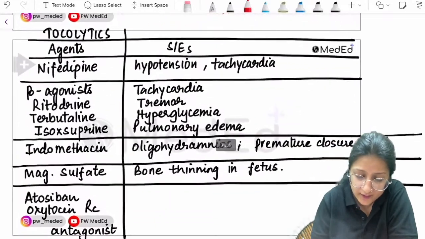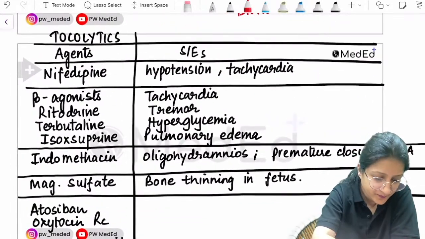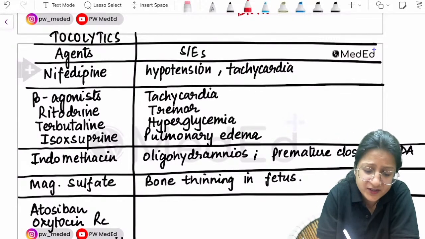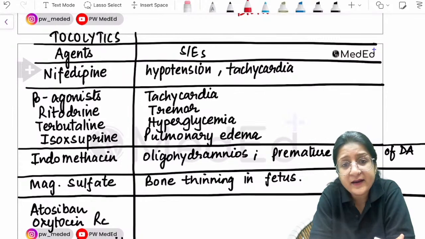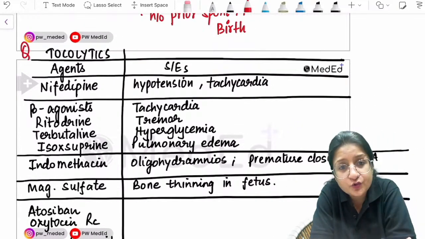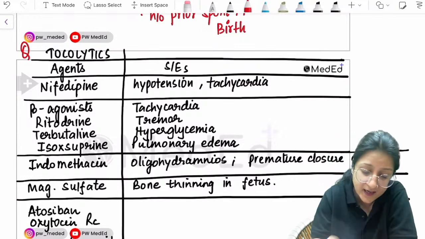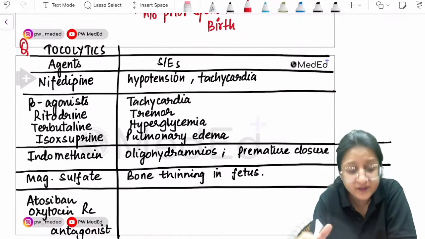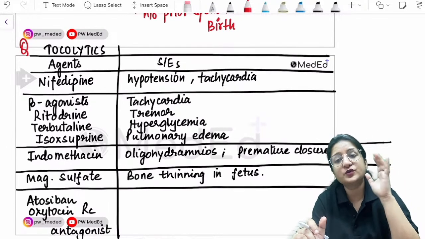So what are these tocolytic agents? The agents we know of are nifedipine, right? They ask you questions on the side effects of these tocolytic agents. Let's see how questions are framed. None of these tocolytic agents now are absolutely safe.